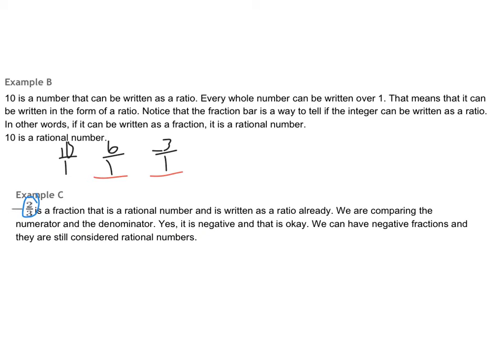So when we have whole numbers, we put them over 1, and we have a ratio. If we are given a fraction, it doesn't matter what's on the top and what's on the bottom, like 4/7 or 10/7 or 2/11. Okay, these are all ratios. We're comparing the tops to the bottoms.